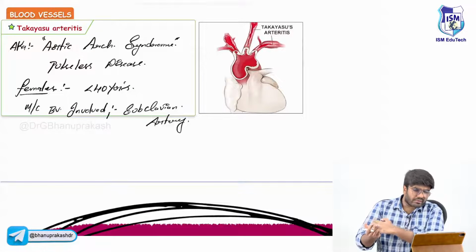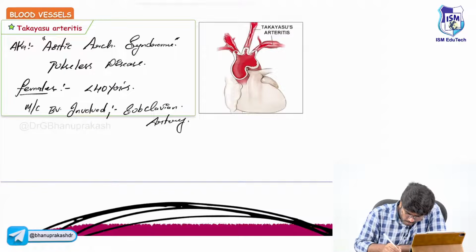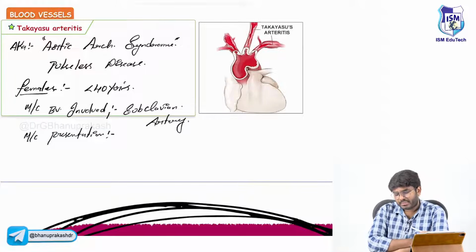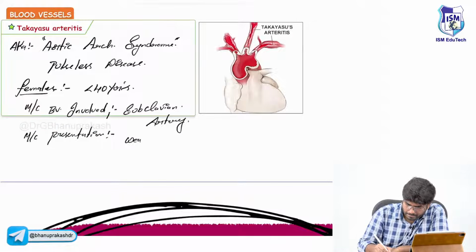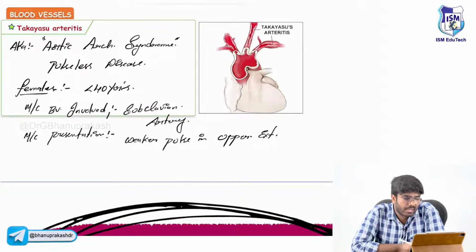Because of the involvement of the subclavian artery, the pulse is not going to be properly felt. So, what is the most common presentation? The most common presentation is going to be weaker pulse in the upper extremities.